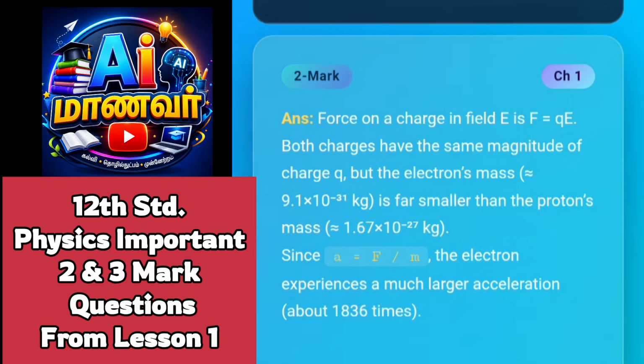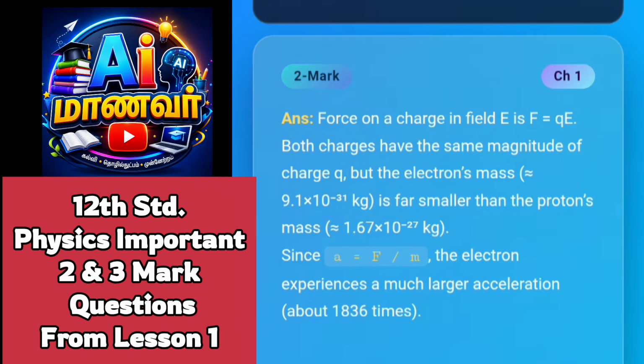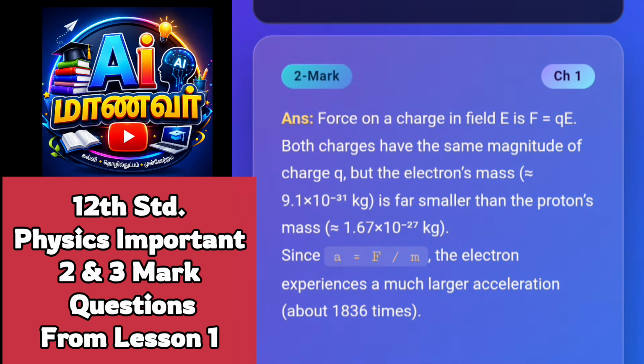Both charges have the same magnitude of charge q, but the electron's mass, 9.1 into 10 to the power of minus 31 kilogram, is far smaller than the proton's mass, that is 1.67 into 10 to the power of minus 27 kilogram. Since a is equal to F by m, the electron experiences a much larger acceleration, about 1836 times.